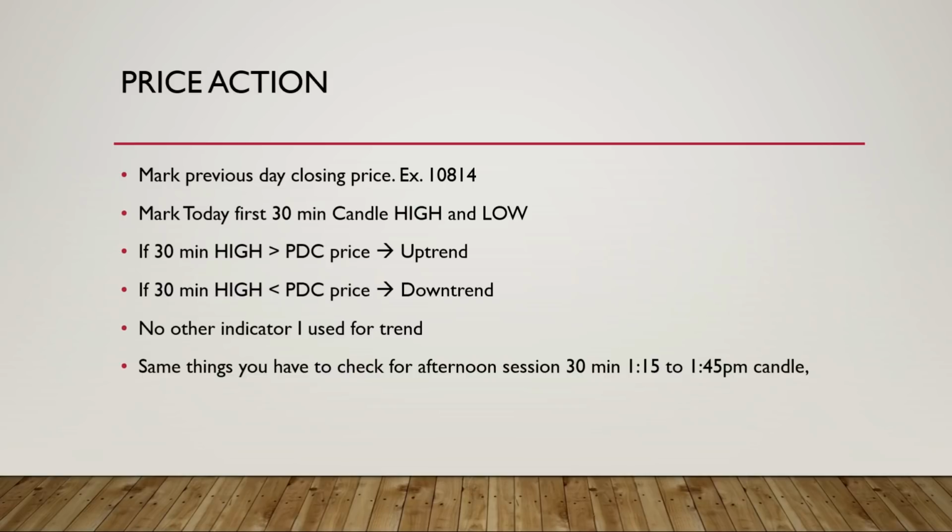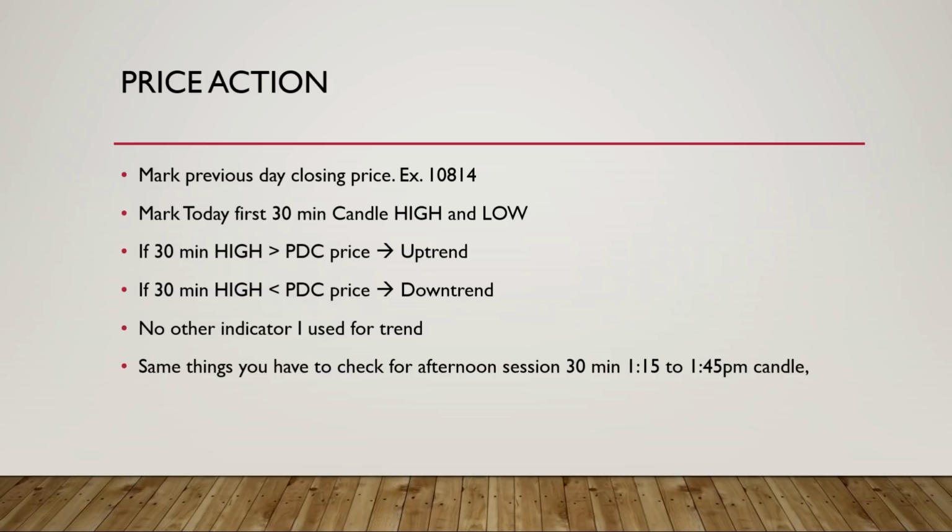With the morning trend, you can take the trade according to your risk capacity, and you have to select the strike price according to your risk. If you are a safe player, then you always select the 10,900 call or 11,000 call, or on the bottom side maybe the 10,600 put or 10,500 put.